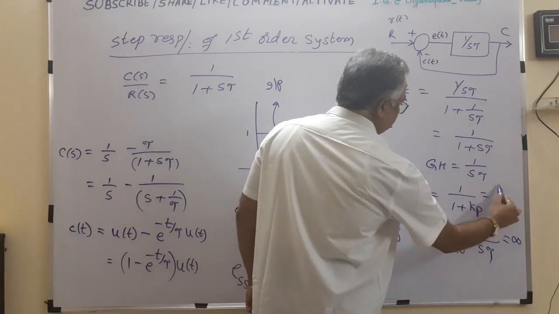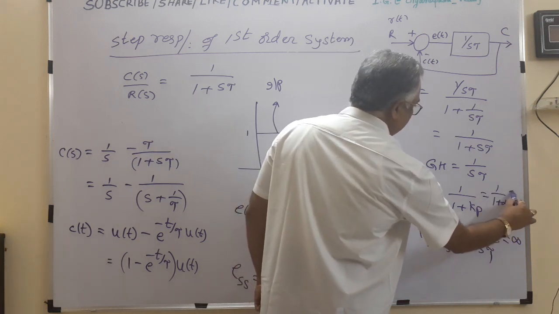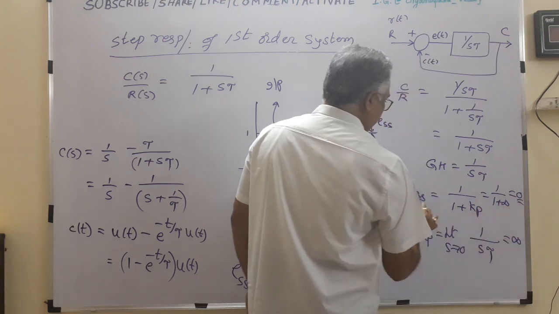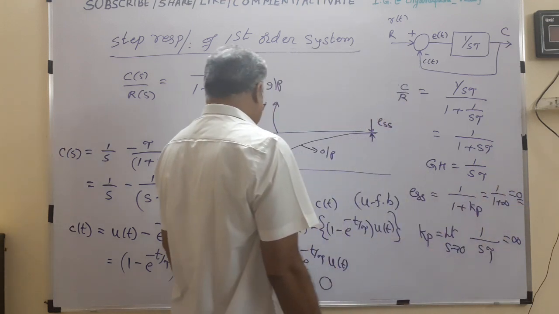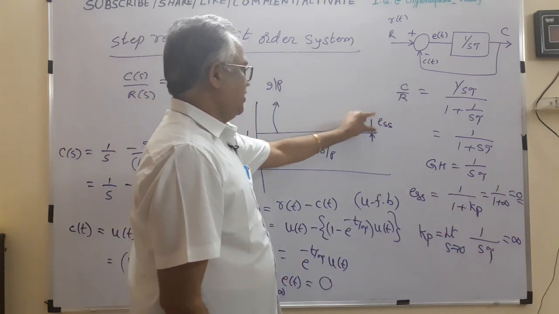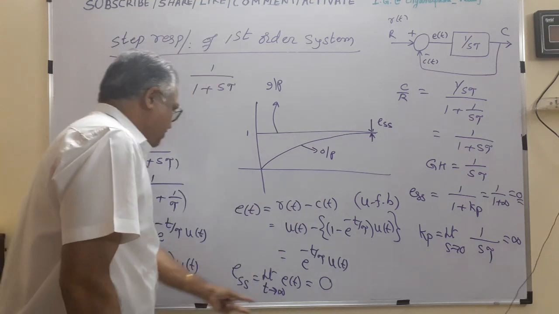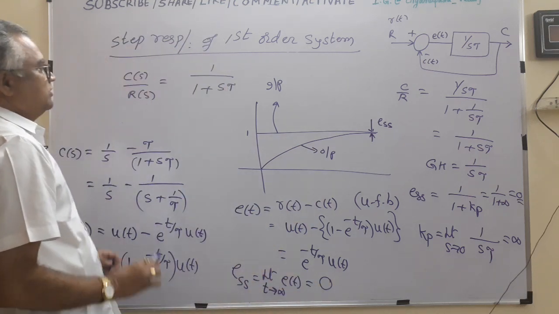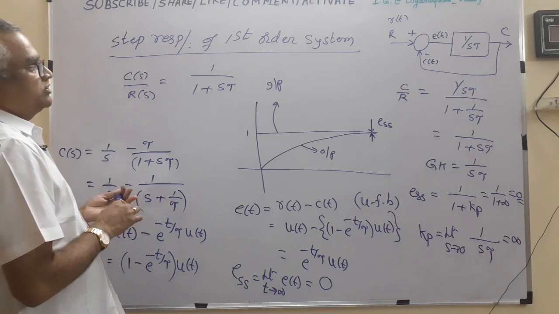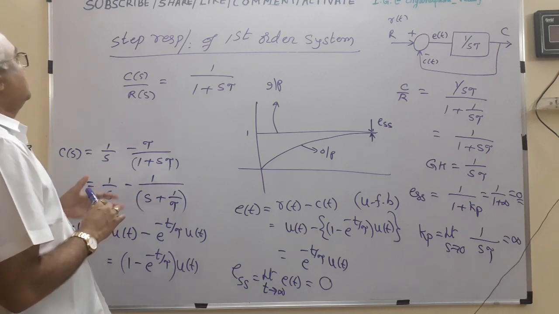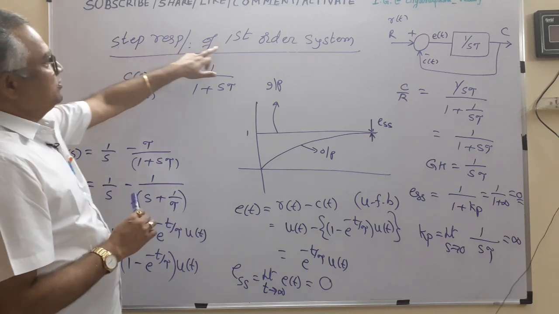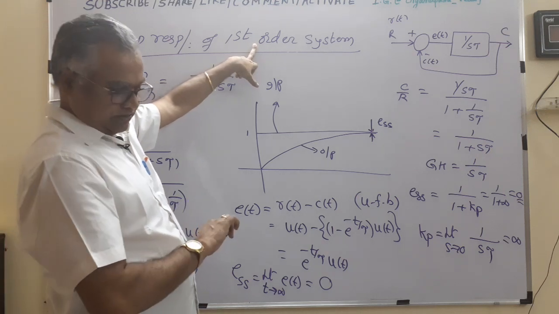If it is infinity, 1 by 1 plus infinity is how much? 0. So using the formula 0, graphically 0, mathematically also 0. So that is the concept of steady state error. So we analyzed the step response of first order system.